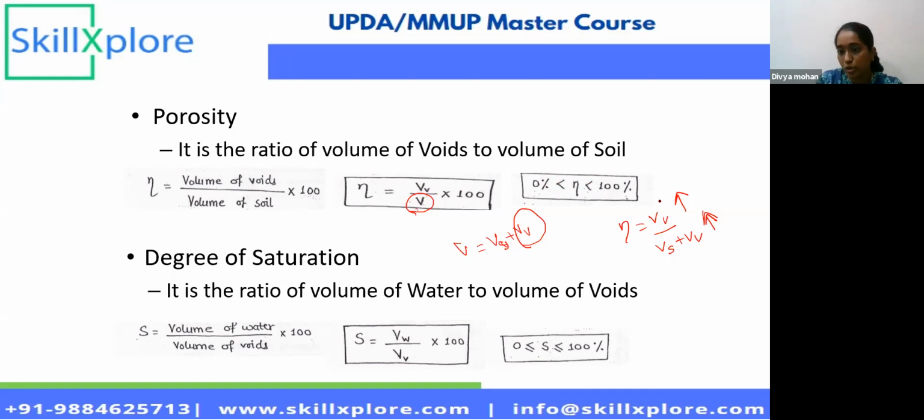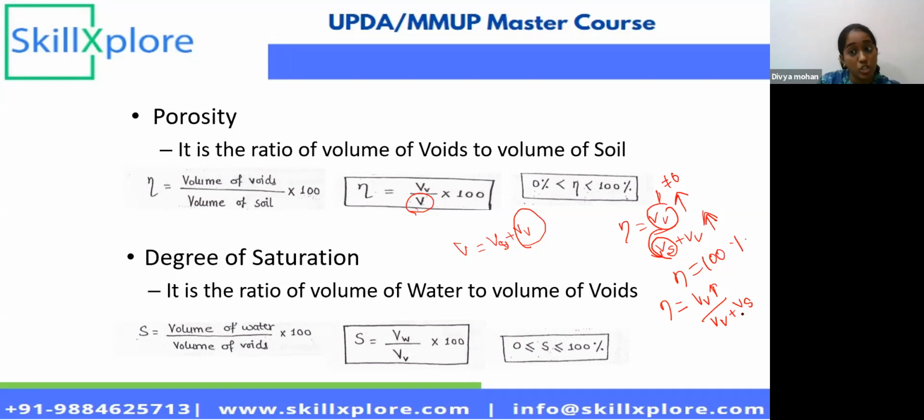I already told you that Vv will not be equal to 0 in any condition. For eta to be 100%, the numerator should equal the denominator. However, Vs is also a constant parameter, so at every condition when Vv is increasing, the denominator will be somewhat higher than the numerator.